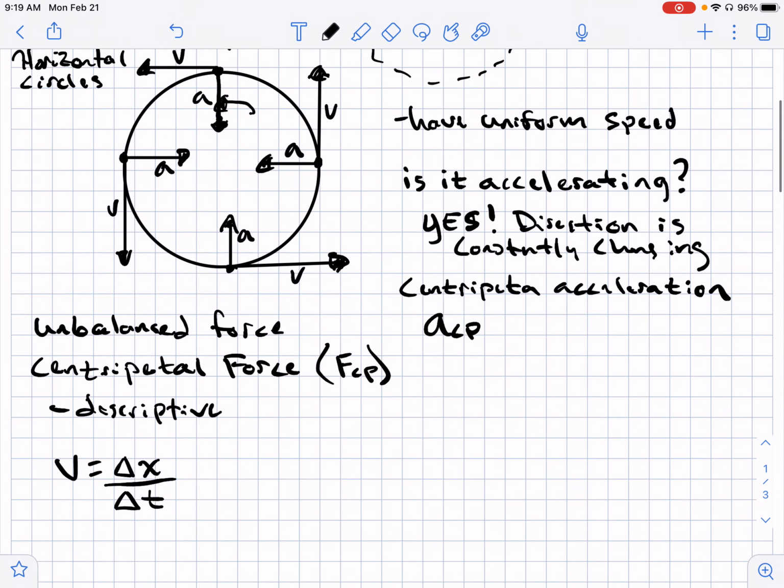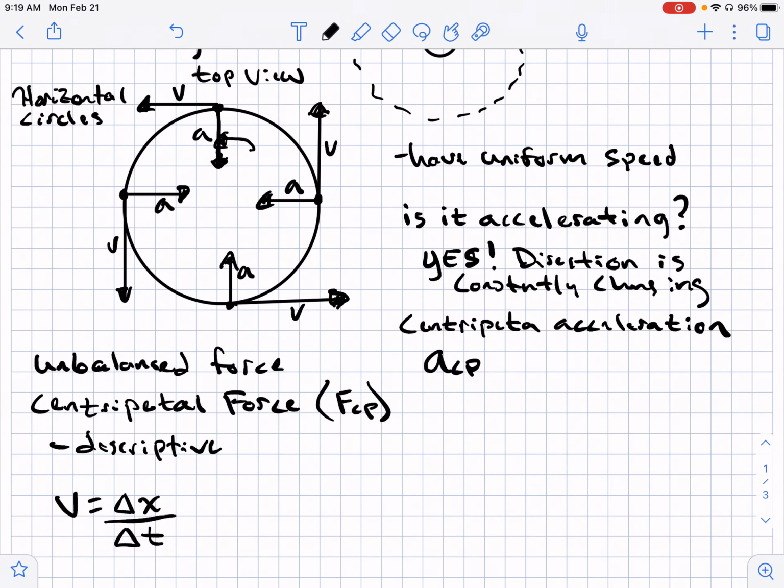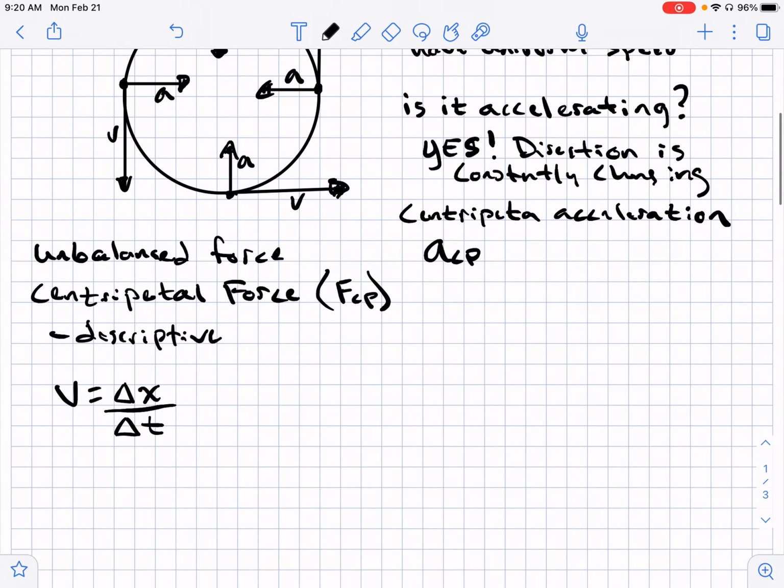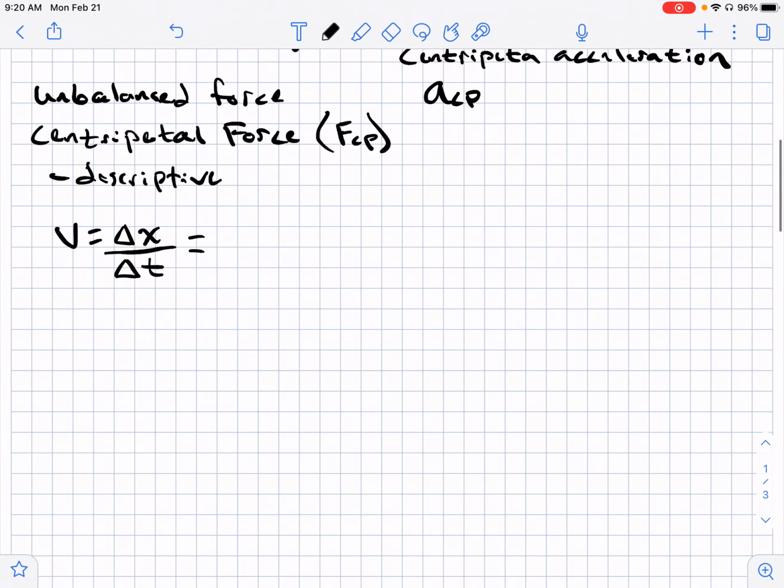And if we think about one full revolution around this circle, then your displacement would be the circumference of your circle. And remember, the circumference is equal to 2 pi r, divided by the time to make one revolution around this full circle. And we use a capital T for that.